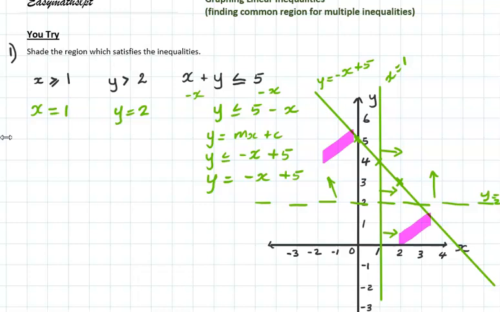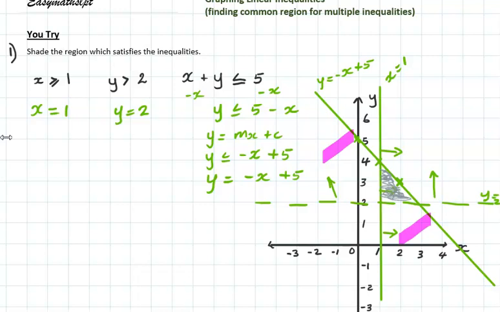So if you notice, the area where they all meet is going to be this section right here. This is where they all meet. Because for y is greater than 2, this is going in this direction.